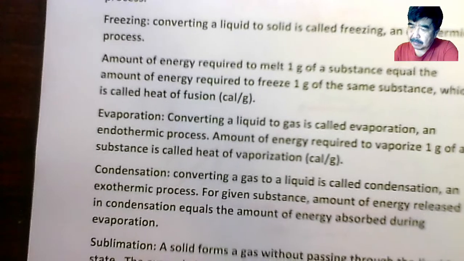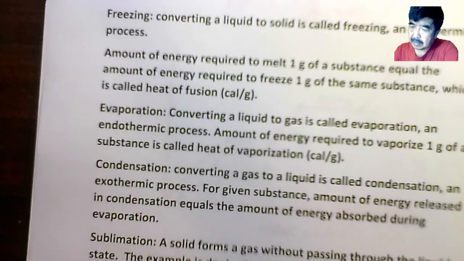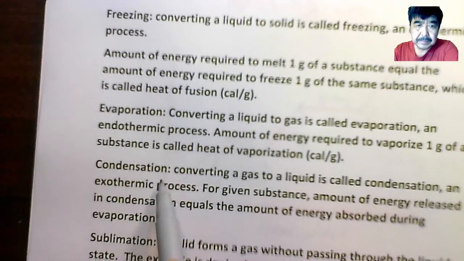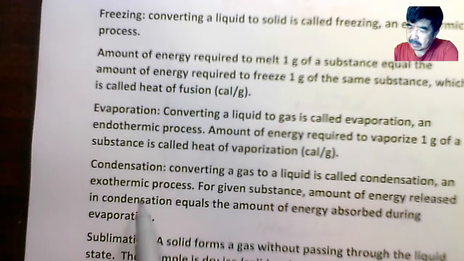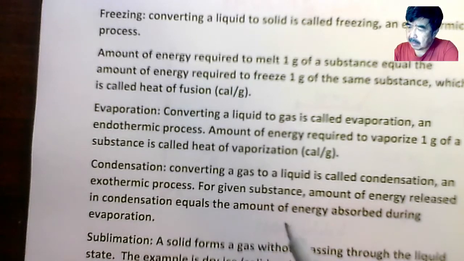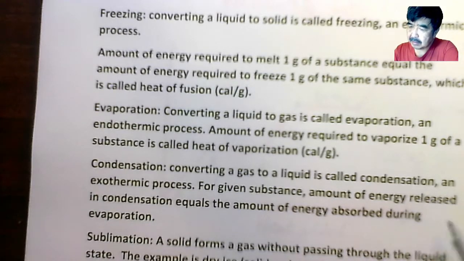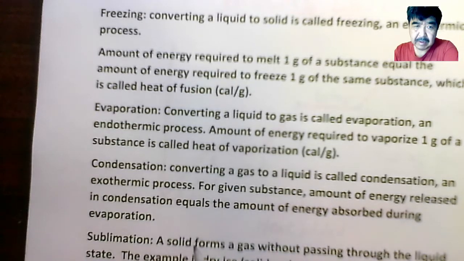The opposite process of evaporation is called condensation, converting gas to liquid. This is an exothermic process. For a given substance, the amount of energy released in condensation equals the amount of energy absorbed during evaporation.